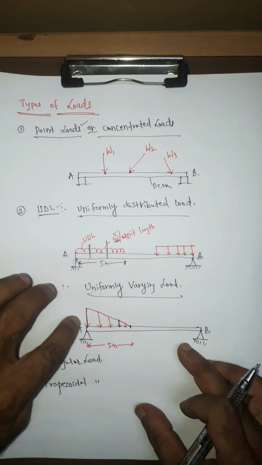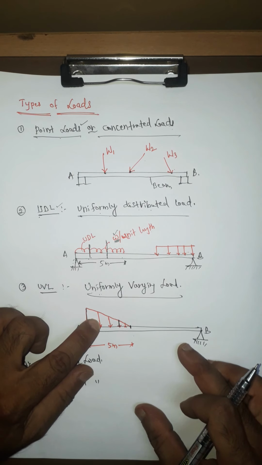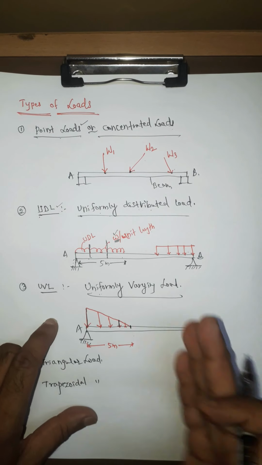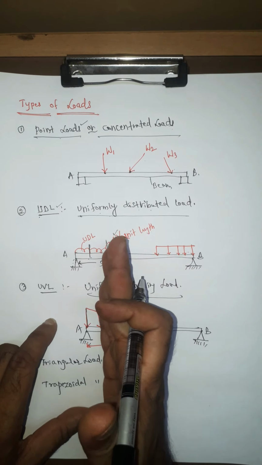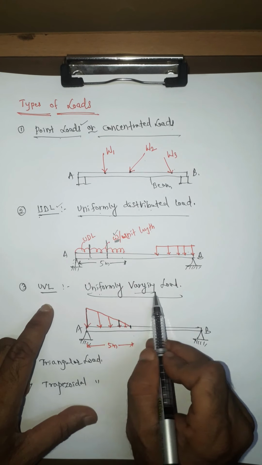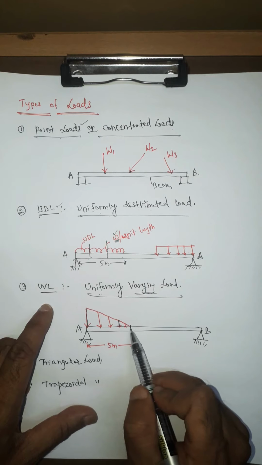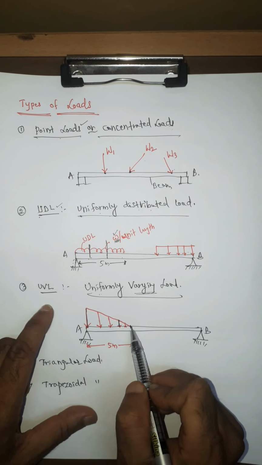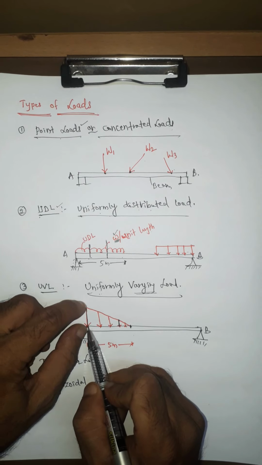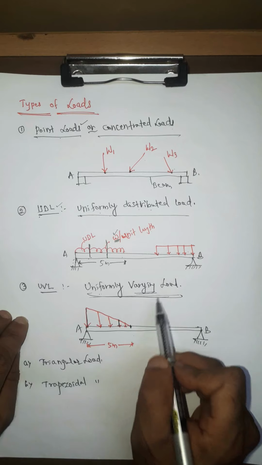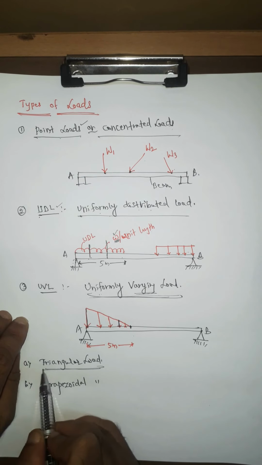So this load is indicated as the shape of a triangle, and is called as triangular load. From point to point the intensity is going to change. It is uniformly varying; varying means changing. At one point it is 0, and at the other point it is maximum. So this is called uniformly varying load, and in uniformly varying load this is called triangular load.